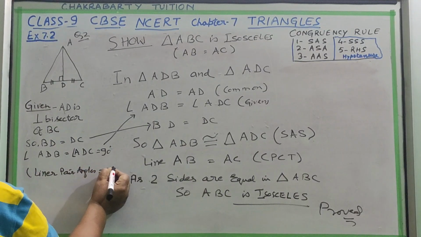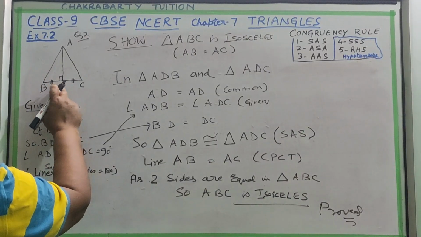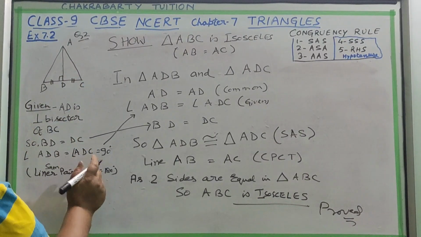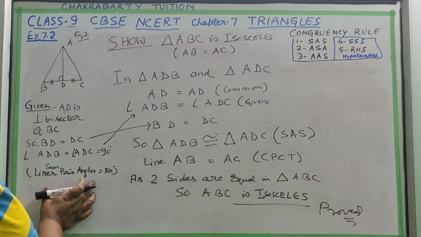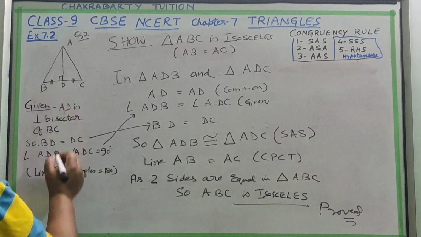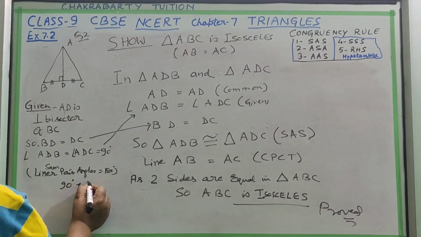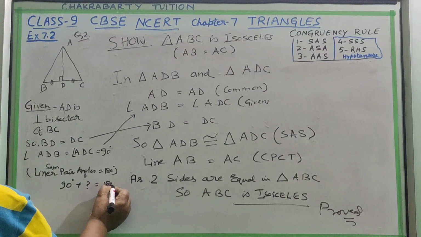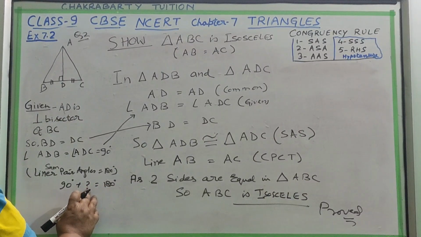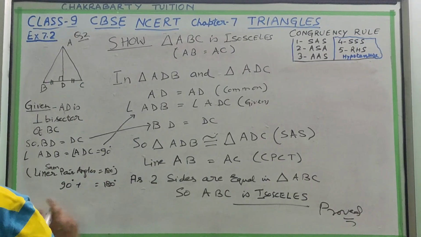So here two angles are there, ADB and ADC, and both together are 180. So if one is 90 degrees, the other will also be 90 degrees. It is one way.